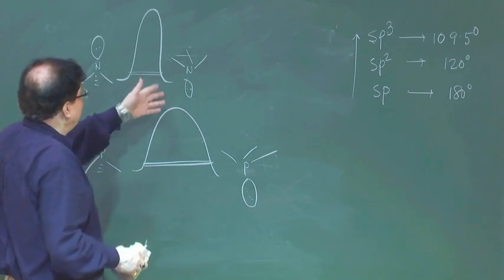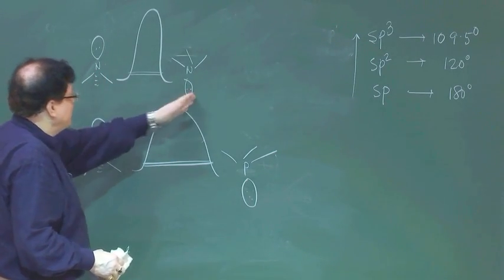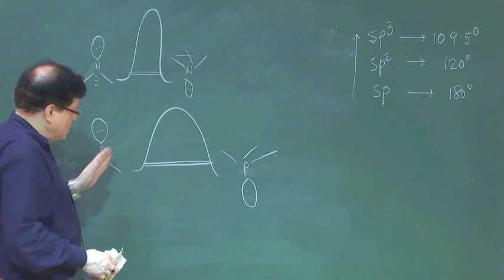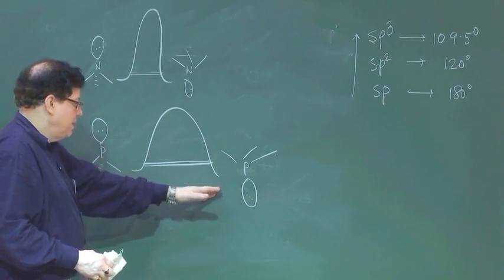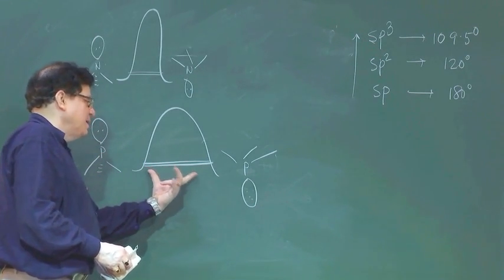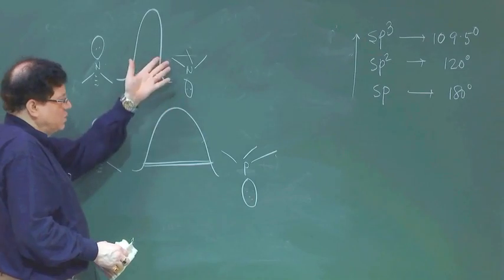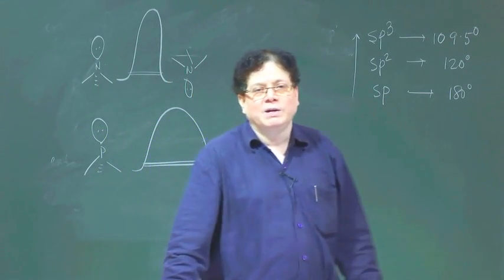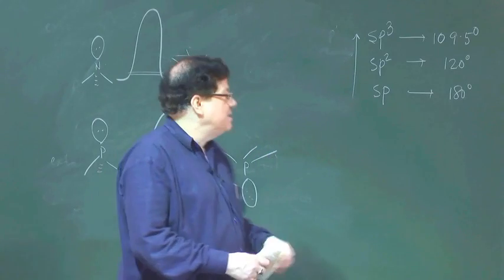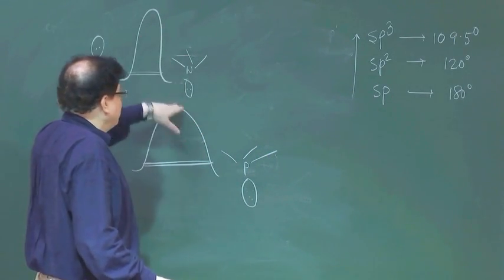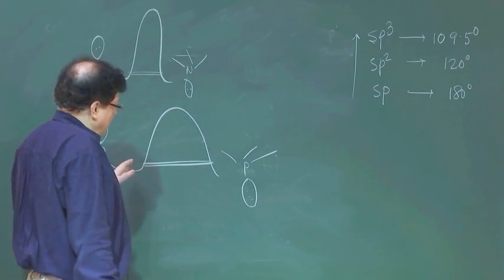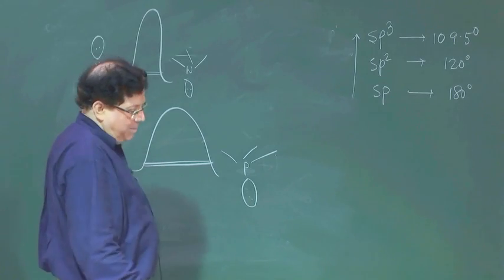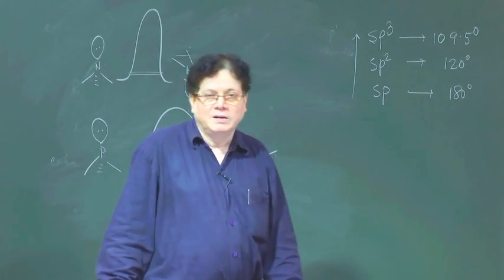So, due to easy tunneling in nitrogen as compared to phosphorus, because of the greater width of the tunnel in phosphorus, nitrogen inversion is much easier. Now, this is entirely done by quantum mechanical calculations. So, these are the three explanations that are given.